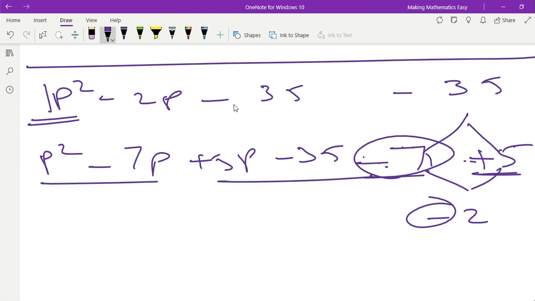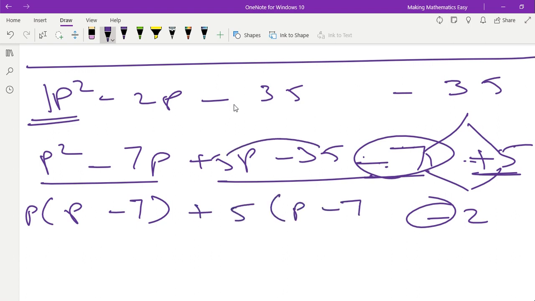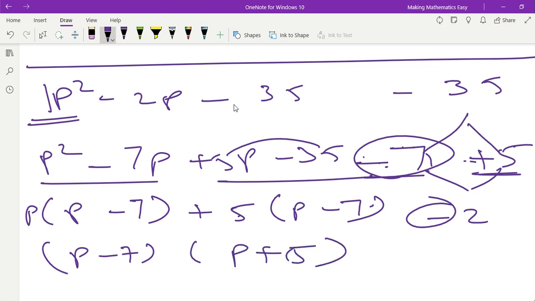Now you need to find out common terms. So this is p minus 7. Over here it will be 5, p minus 5 7s are 35. So you see you have both the brackets same, and this is p plus 5. The term outside the bracket will be in the second bracket.